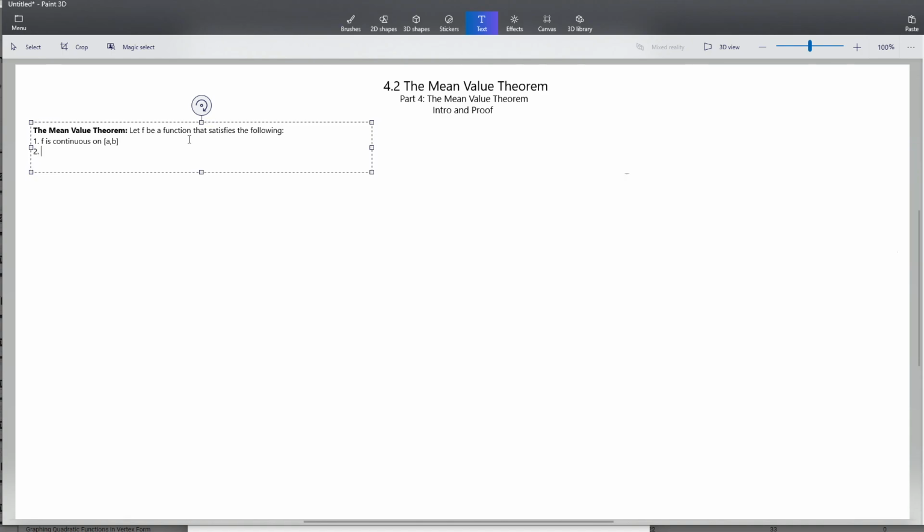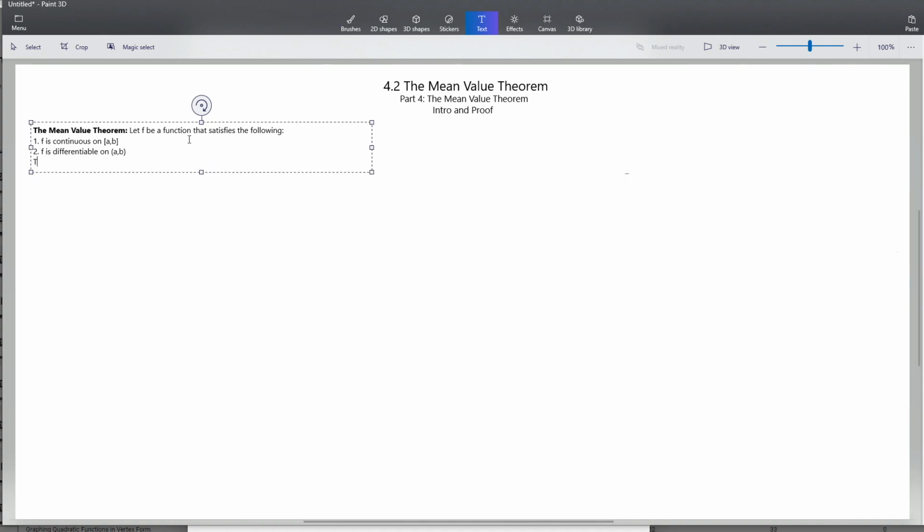The second condition is that f is differentiable on the open interval. Okay, and then the third condition is, oh, there is no condition.